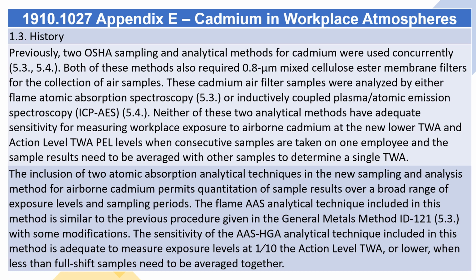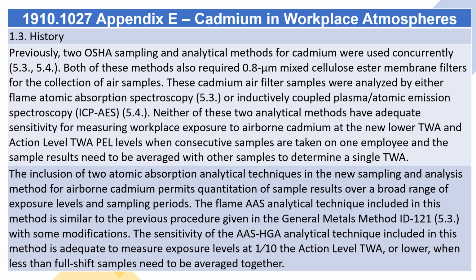Neither of these two analytical methods have adequate sensitivity for measuring workplace exposure to airborne cadmium at the new lower TWA and action level TWA-PEL levels when consecutive samples are taken on one employee and the sample results need to be averaged with other samples to determine a single TWA.